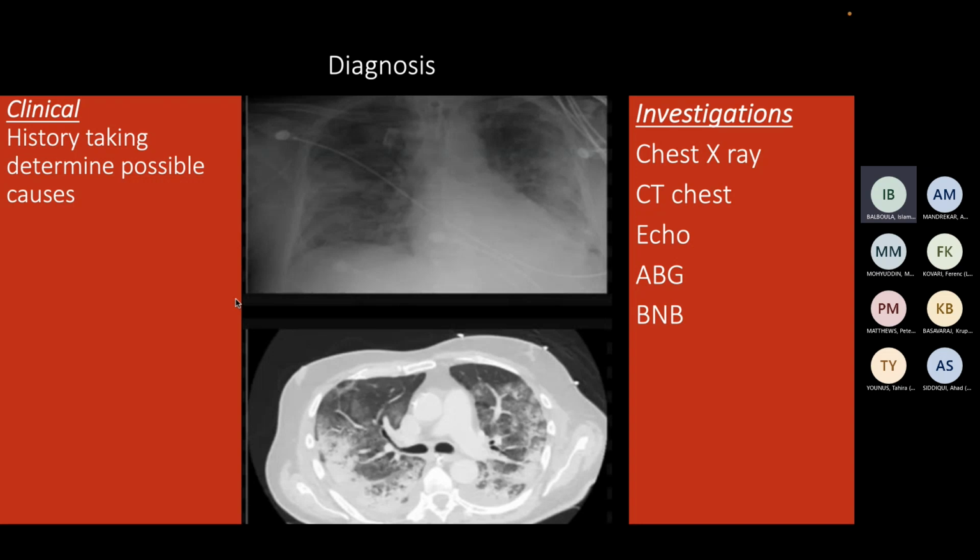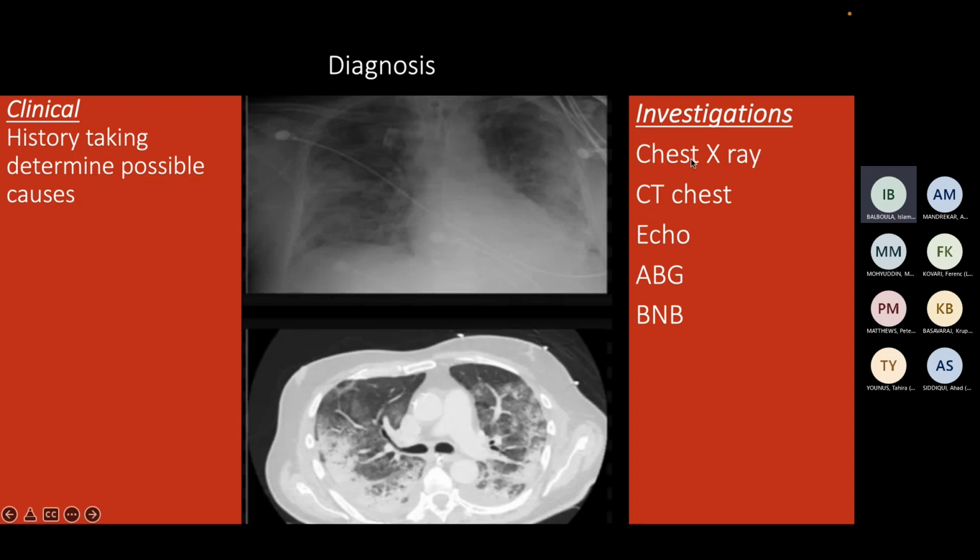From the history taking, we hopefully have an idea about the underlying cause. Also, we can try to identify if there is any heart failure or potential cardiogenic pulmonary edema. If a patient has cardiogenic pulmonary edema, that cannot exclude ARDS completely. It's possible to have a component of both.